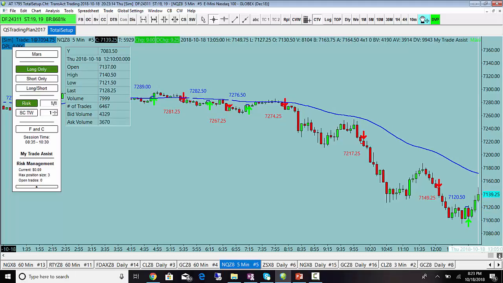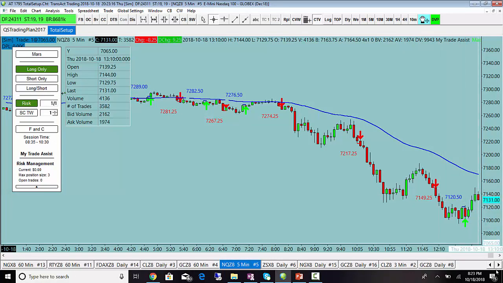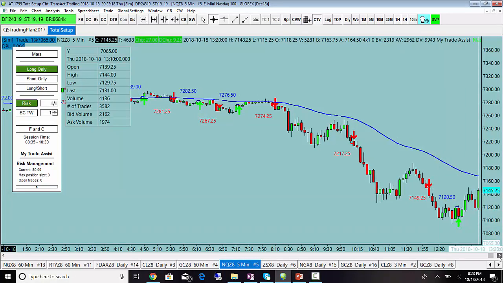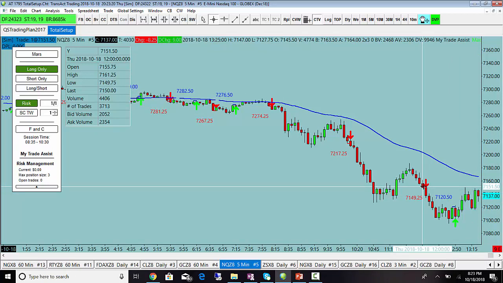even probably a more difficult one, at 71.49, that also had a relatively small stop, of about 12, 13 points. Again, $250, $260.